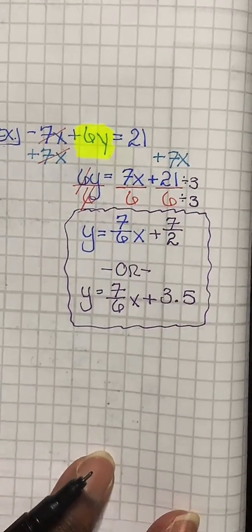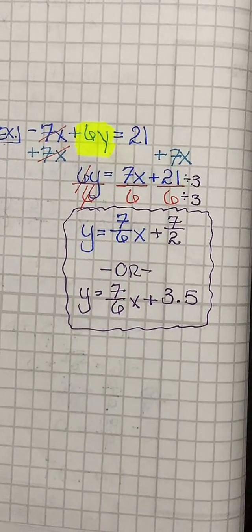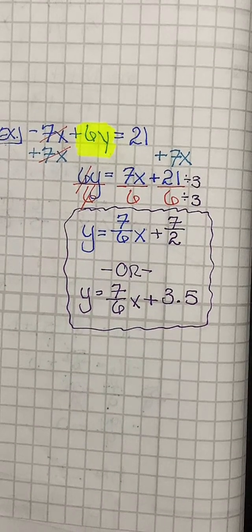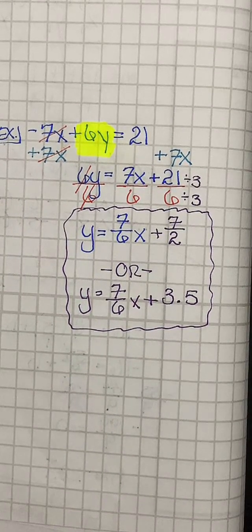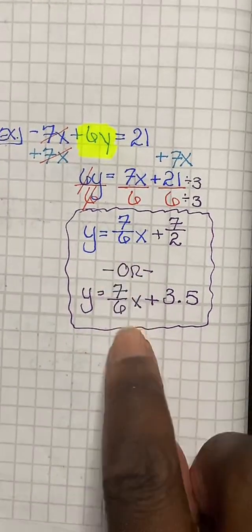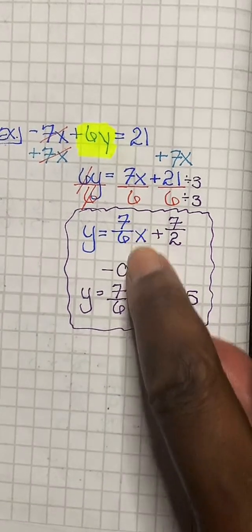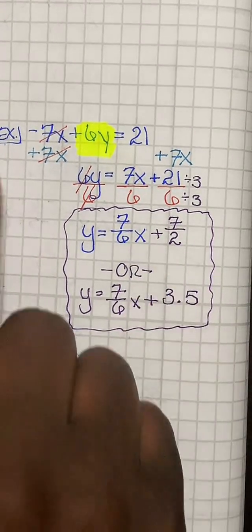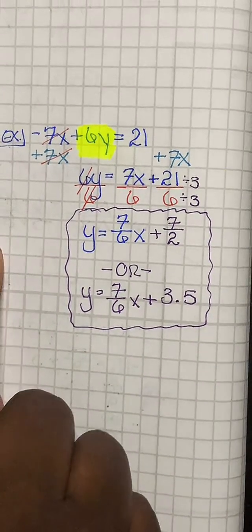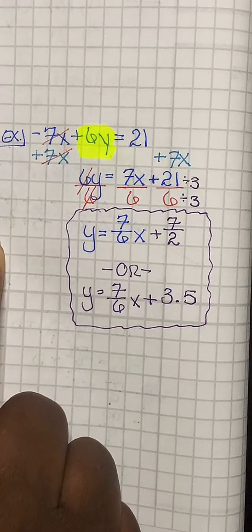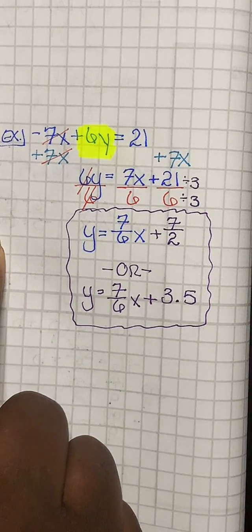So every time you solve, my suggestion is to look at your answer choices. If you're taking the GED, ACCUPLACER, ASVAB, any of those assessments, even SAT or ACT, once you solve, take a look at your answer choices, because you can do the process of elimination. If you notice that my slope, no matter which way I wrote it out, is going to be 7/6, and only one of your answer choices has 7/6 as the slope, that's your answer.